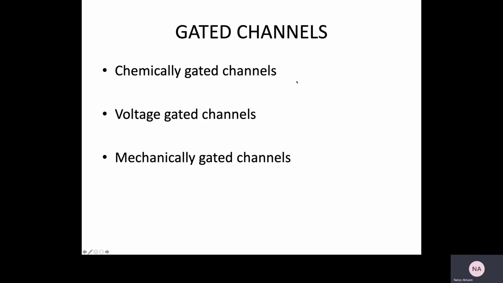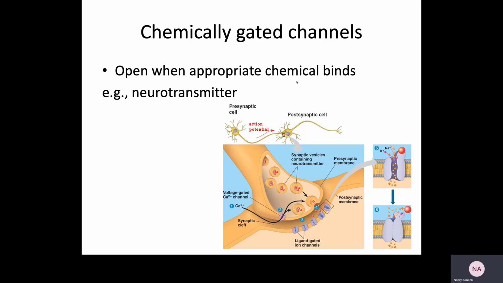We need to talk about gated channels. So basically, channels are a way that we send information to another cell. And there are three types of gated channels: chemically gated, voltage gated, or mechanically gated. We have already talked about chemically gated channels because we saw them when we talked about the neuromuscular junction.